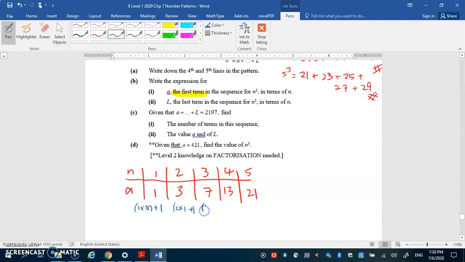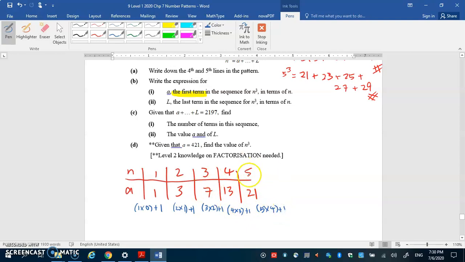For 3, multiply by the previous number and add 1, you will get 6 plus 1, 7. Same thing, 4 times 3 plus 1, you will get 12 plus 1, 13. And 5 times 4 plus 1, you will get 21.